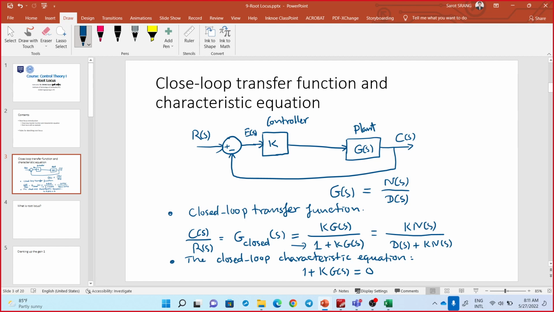So all the s that satisfy this equation are called poles. More generally, we can say D of s plus K N of s equal to 0, right? This will be used very often.